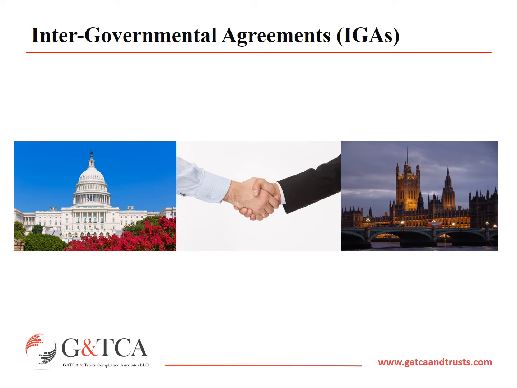Under these IGAs, the US government agreed to lessen some of the burdens that FATCA imposes on FFIs, and in exchange for doing so, the foreign government agreed to change its law to allow FFIs resident in its country to comply with FATCA.